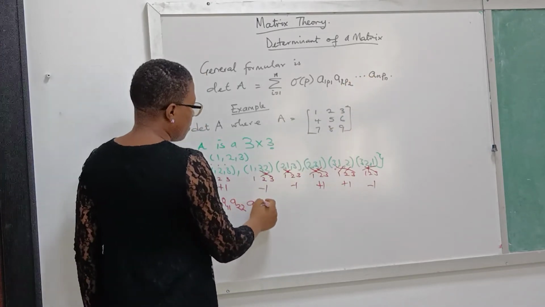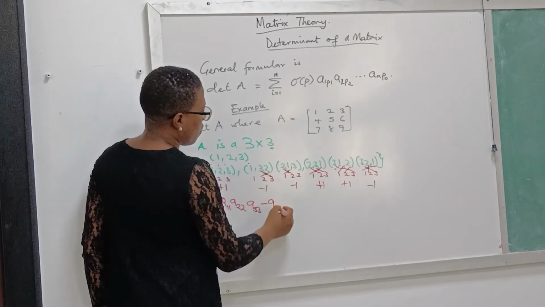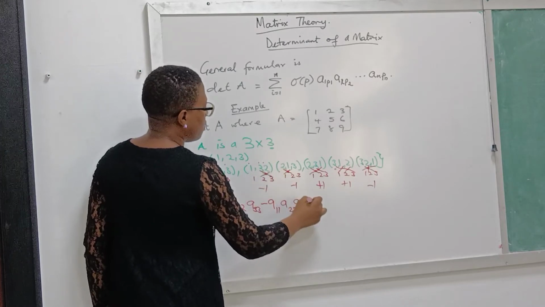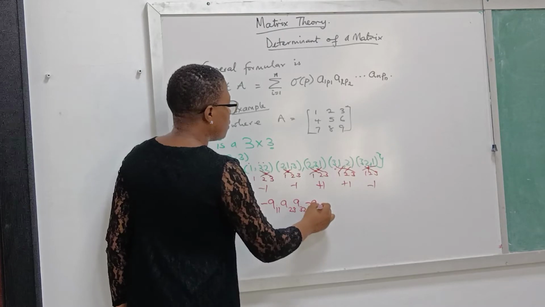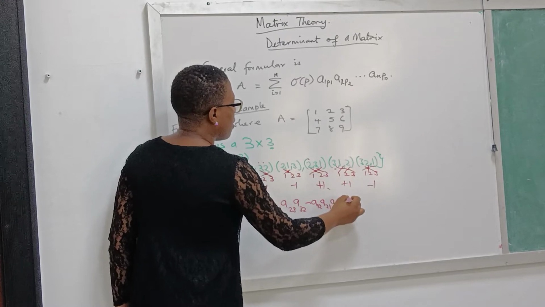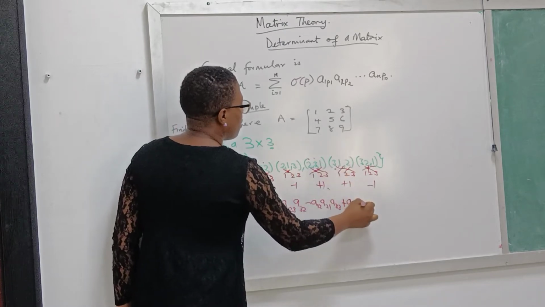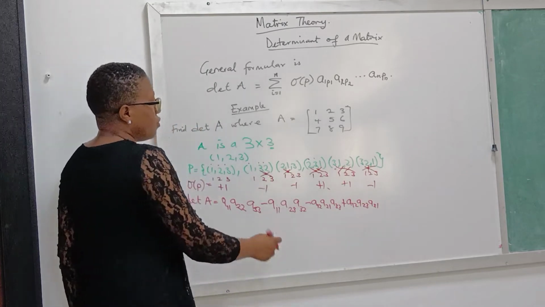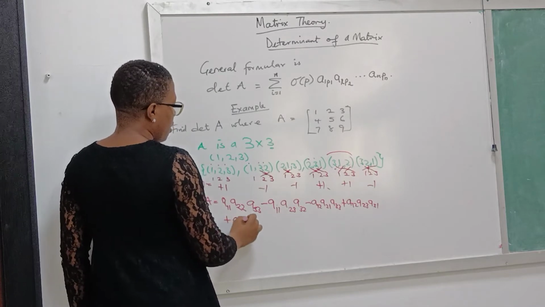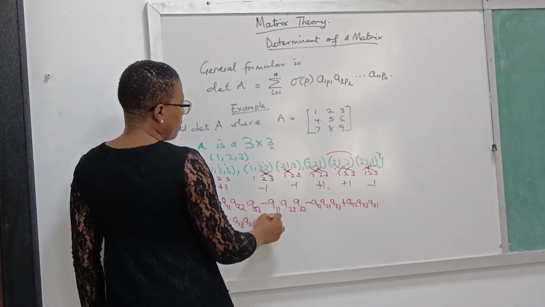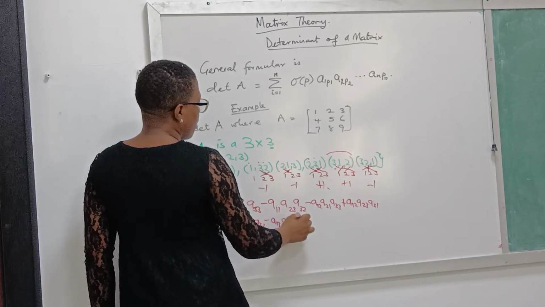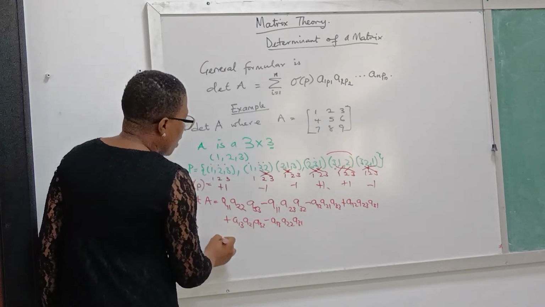So we are going to continue that one. Minus A11, A23, A32, minus A12, A21, A33. Plus A12, A23, A31. Plus A13, A21, A32. Minus A13, A22, A31.